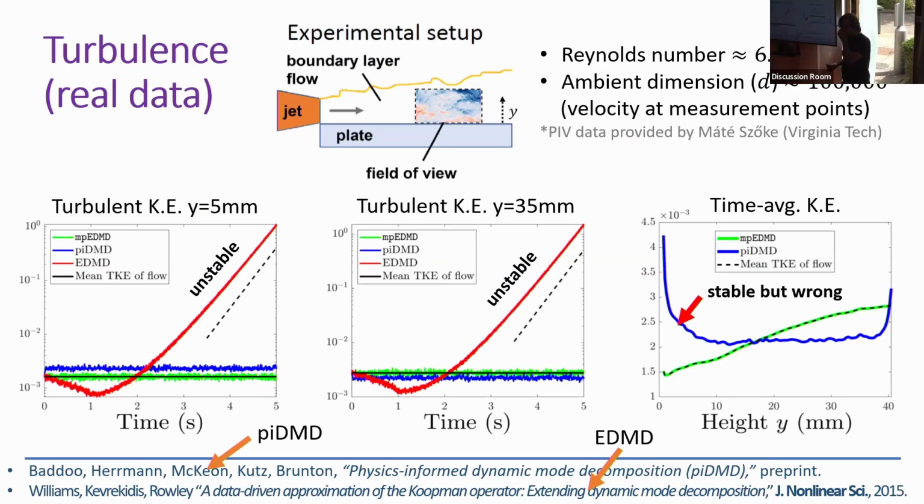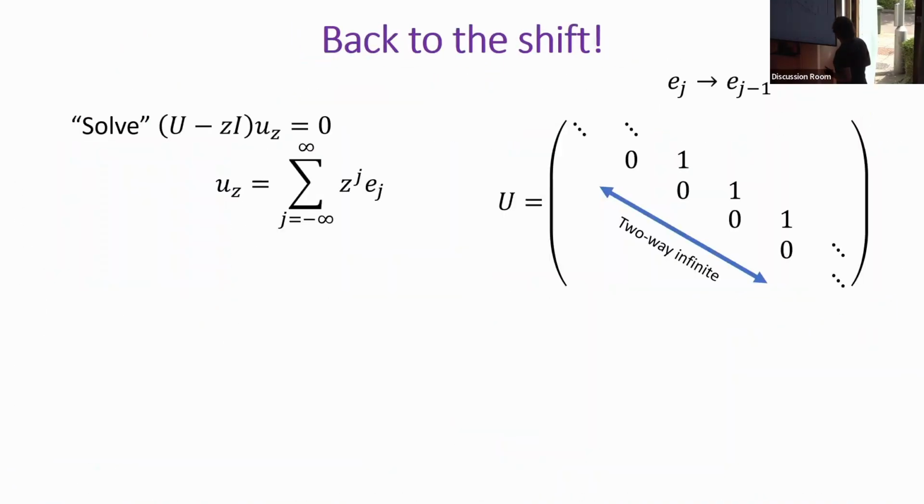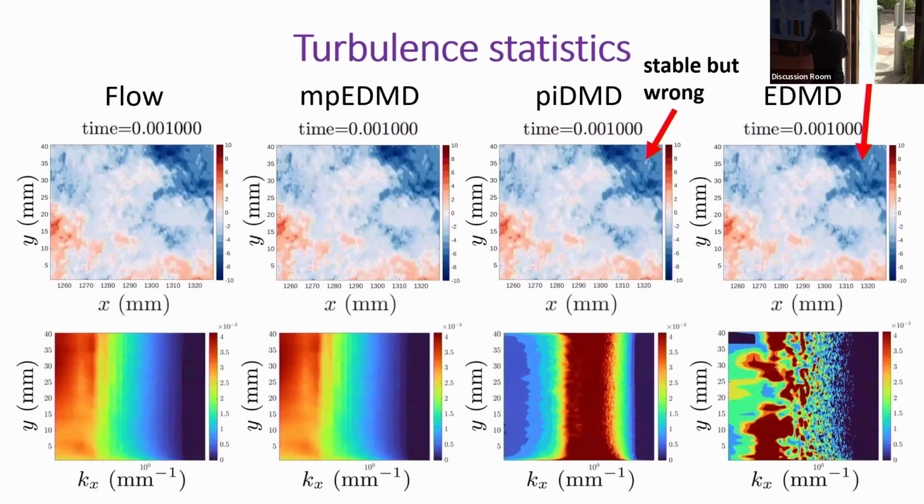I should also say at this point, before we launch into generalized eigenfunctions, that there is a lot of work in the unitary Koopman case on these types of approximations that preserve measures.